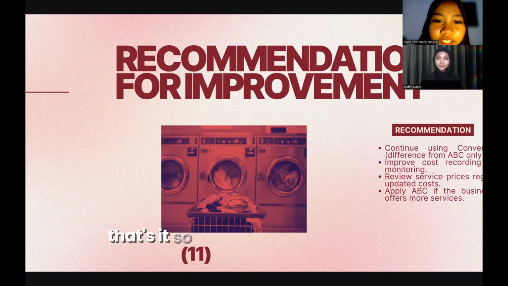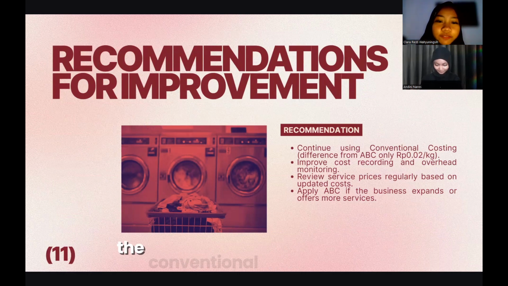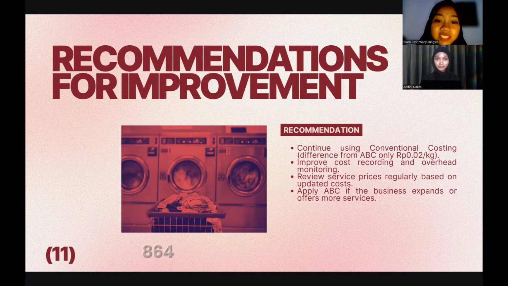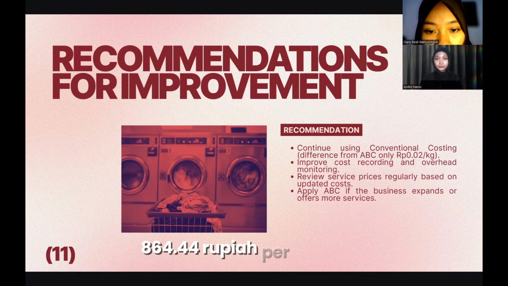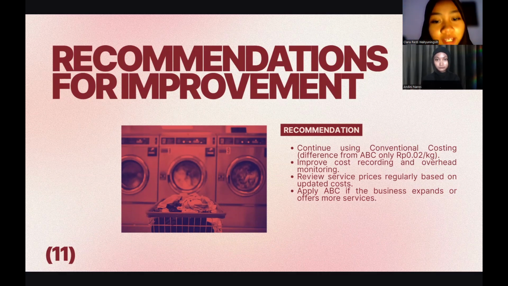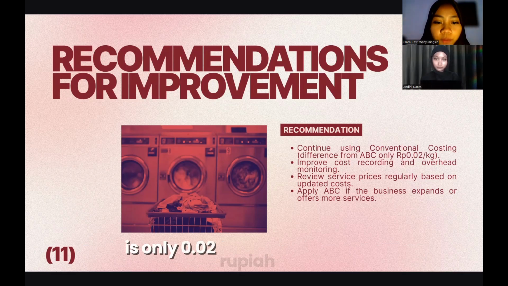That's it. So, the recommendation for improvement: the conventional costing method generated an overhead cost of 864.44 rupiah per kilogram, while the activity-based costing method generated 864.46 rupiah per kilogram. The difference between the two methods is only 0.02 rupiah per kilogram.